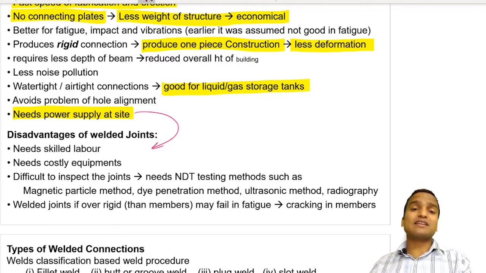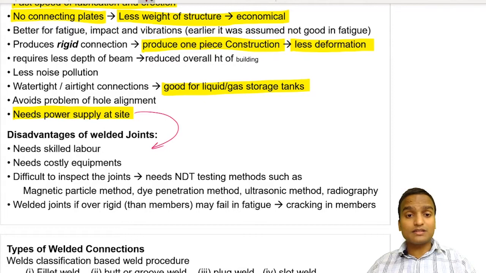And it becomes difficult to inspect the joint because there may be cracks or voids or interstices left beneath the two material interfaces, and we may not be able to locate where that void is, because from the external sides or from the top, you can't identify where the crack is.